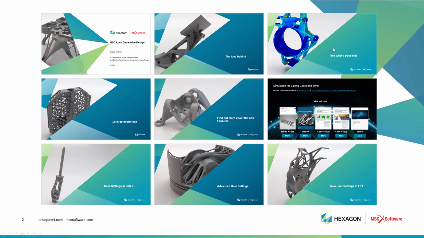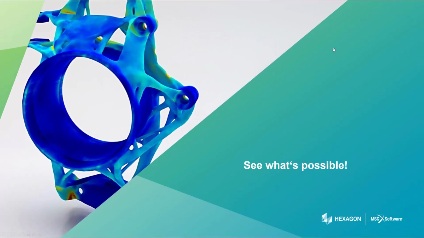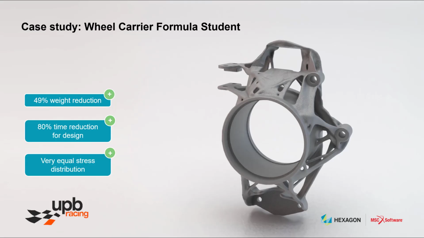So now let's have a look at what is really possible with the software. What is the outcome? The first one is the wheel carrier for a Formula Student racing team. It is made to connect the suspension system with the wheel hub and to assemble as well with the braking system.